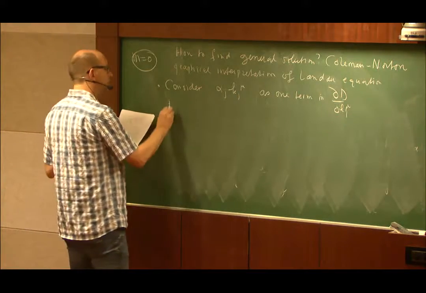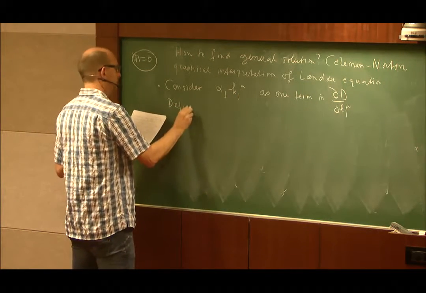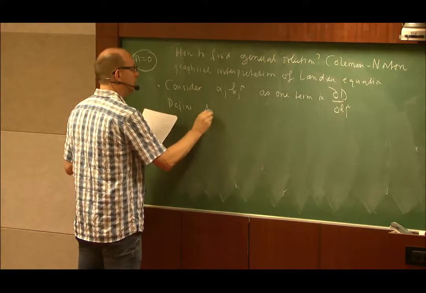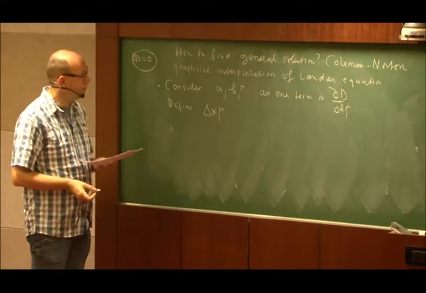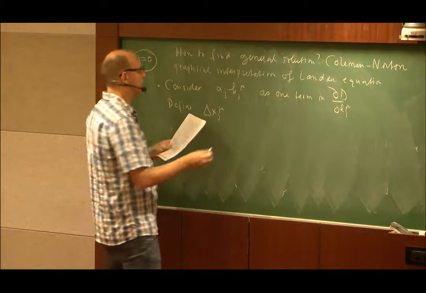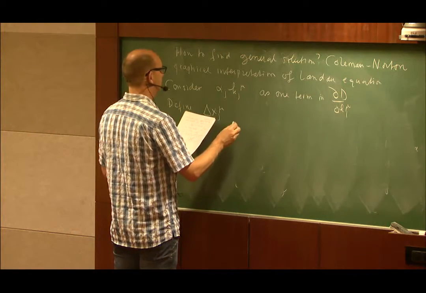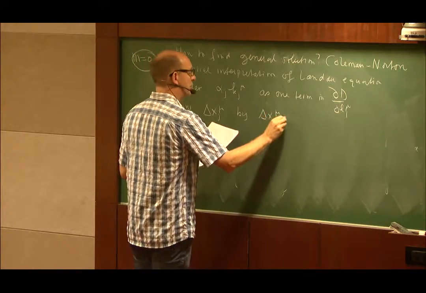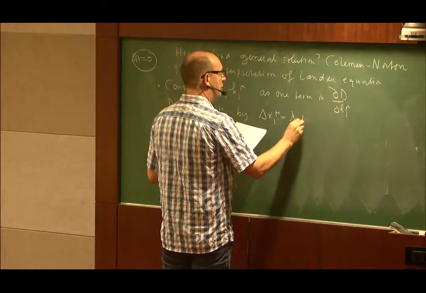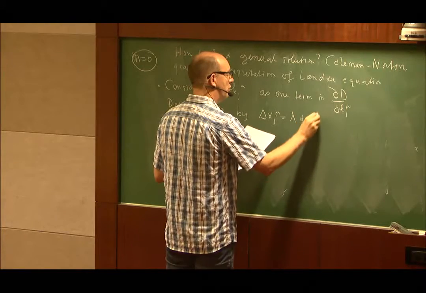Now define a displacement delta xj mu, a space-time displacement, by delta xj mu is some parameter lambda times alpha j kj mu.